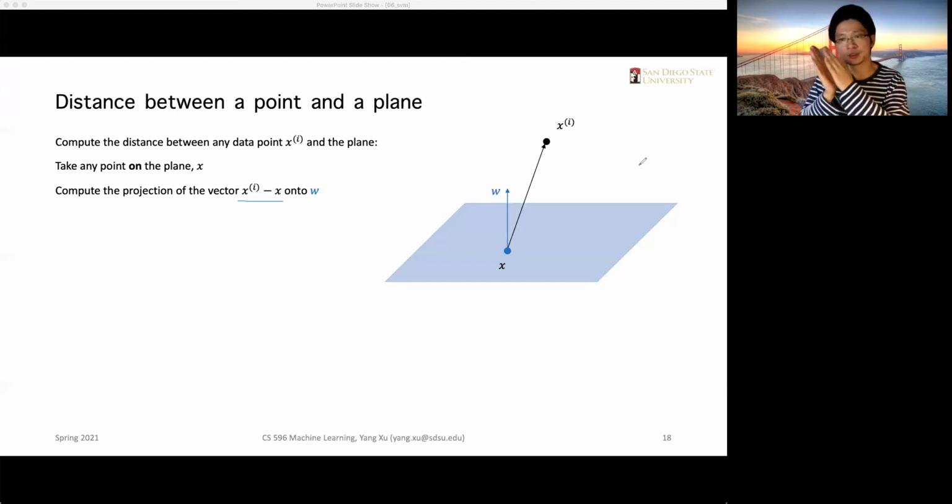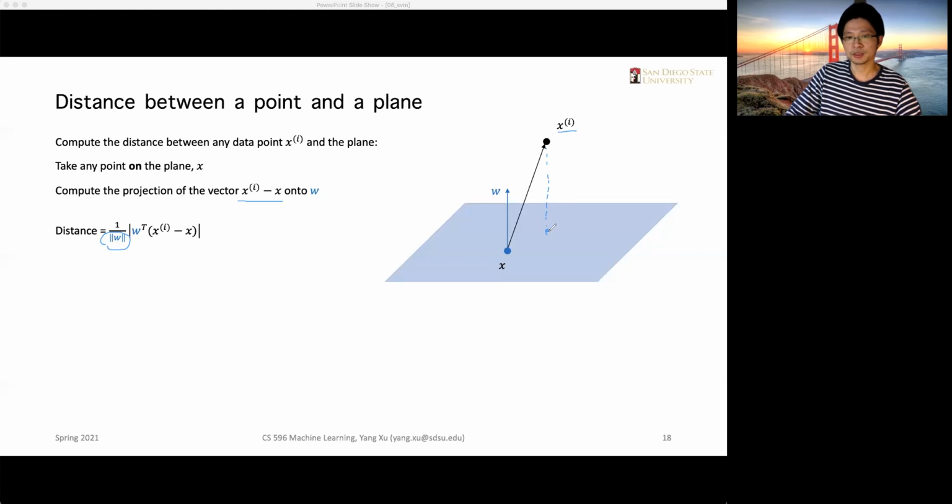We project this vector onto W, and W is perpendicular to the plane. So the length of this projection, normalized by the length of W itself, would be the distance from xi to the plane.